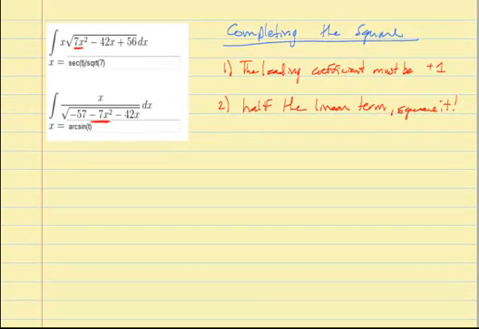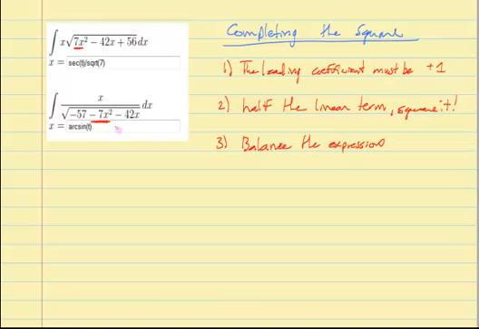It can work with an expression where there's no equal sign involved, and if I'm working with an equal sign, then I have to make sure whatever I do to one side I do to the other. And if I'm working with an expression, I need to make sure if I add 7, I subtract 7, and I keep that zero-sum property in place. After you square it, you either have to add or subtract to balance the expression, and then I have a sum or difference of perfect squares.